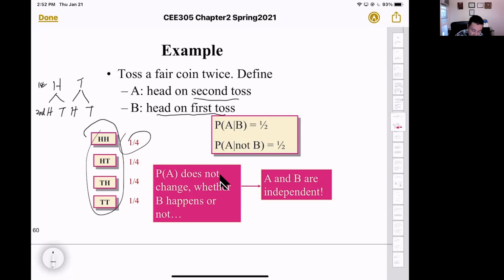So let's check the probability of A given B. B is we have head on the first toss, which is here.